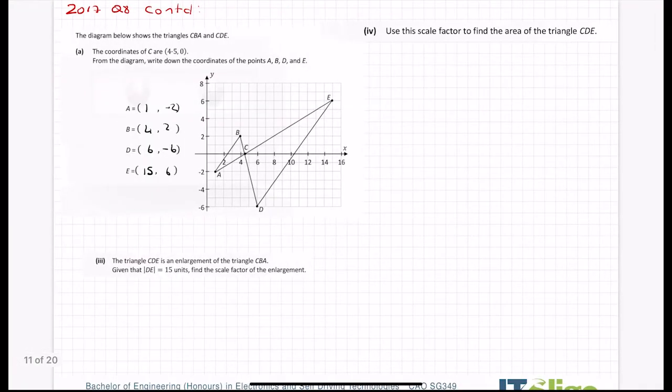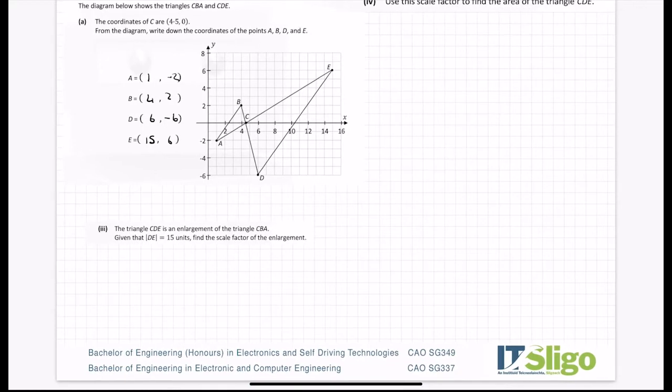Yeah, okay. The triangle CDE, so this triangle is an enlargement of the triangle CBA. Given that the length of DE is 15 units, find the scale factor of the enlargement.